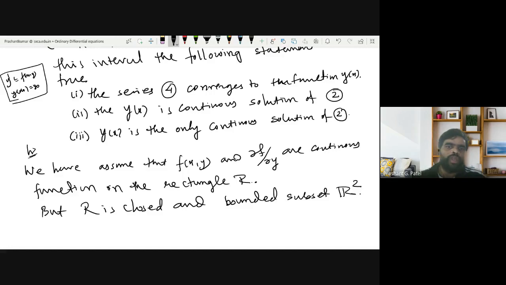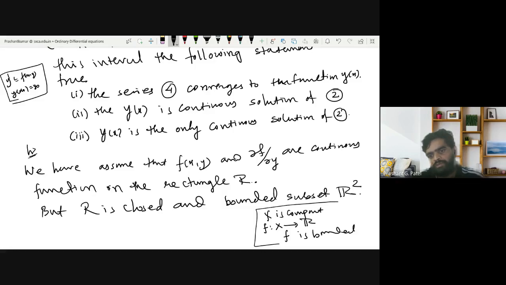So we have learned one result in analysis: if X is a metric space and F is a function from X to R, and if X is a compact metric space, then the function F is bounded. Since it is a closed and bounded subset of R square, we know that a closed and bounded subset of R square is always compact, and any continuous function defined on a compact metric space is always bounded.